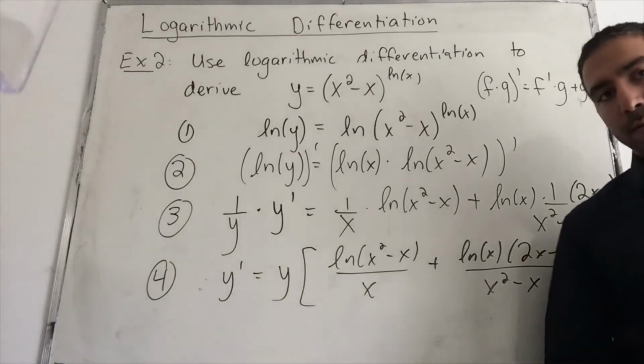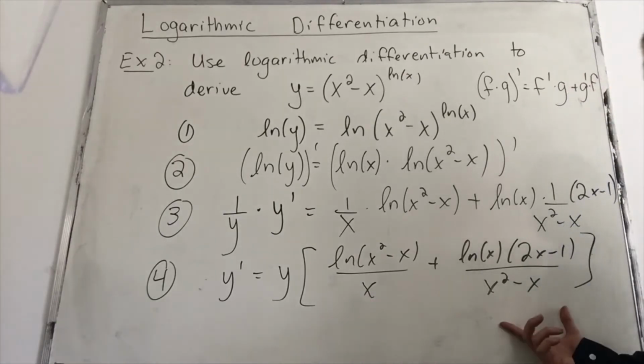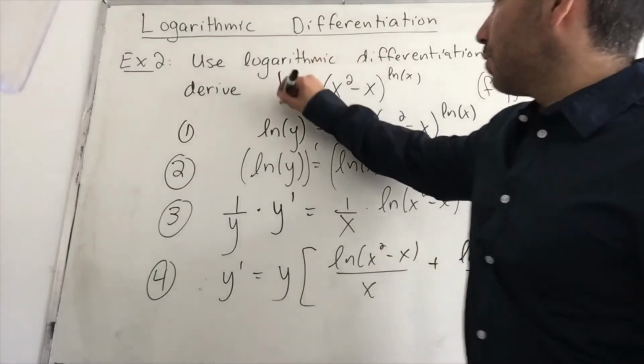Okay. So again, if you leave your answer here, it's not correct. We have to express this entirely in terms of x, so we have to substitute the y. What's y equal to? Go back to the beginning. y is equal to this whole thing.